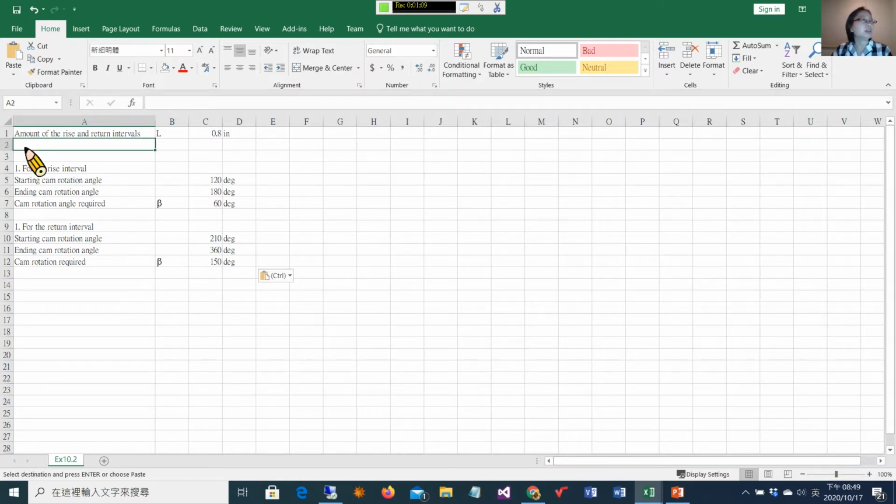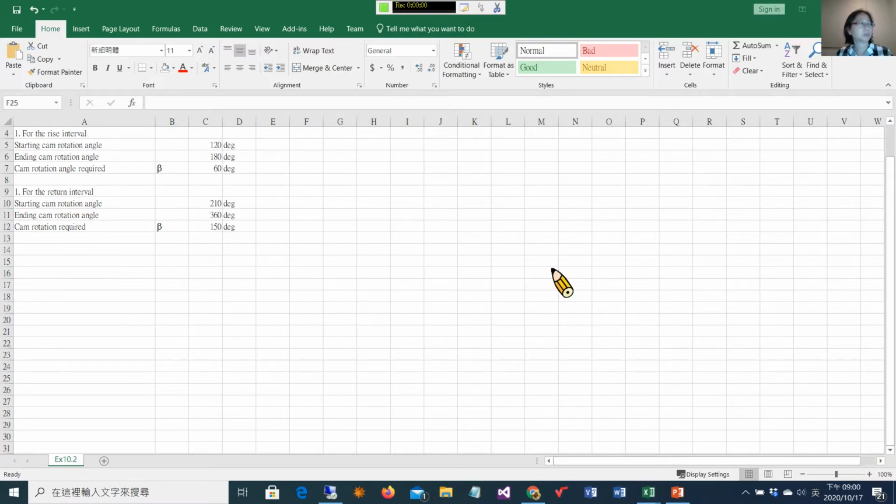Because we need to calculate velocity, acceleration, and jerk, we need to give a cam rotation speed omega. We give it 16 RPM here. Let us see the rise interval first.